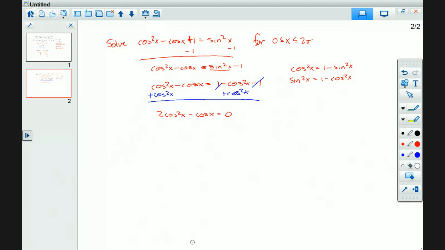Yeah, you can factor. And we're left with 2 cosine x minus 1. Set them equal to 0 and solve.